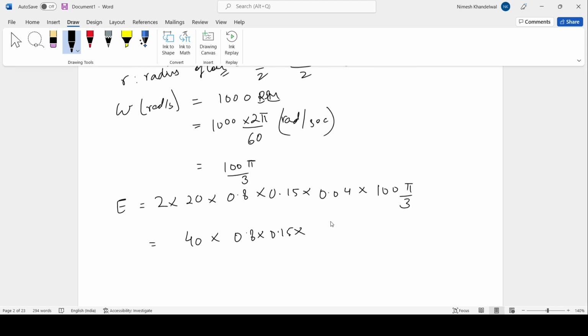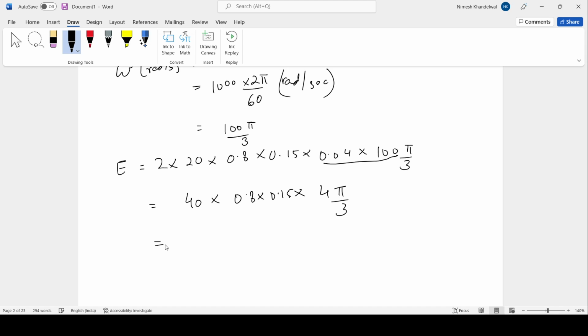This will become 4 and this will be pi by 3. So when you solve it completely, you will get back EMF as 20.106 volts.